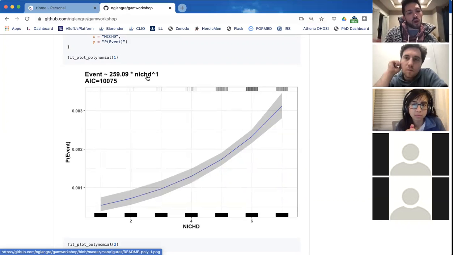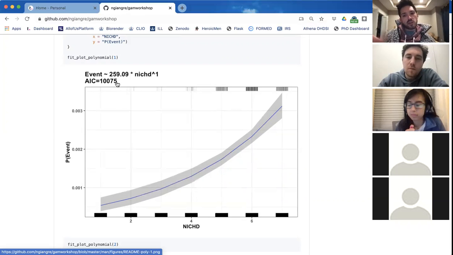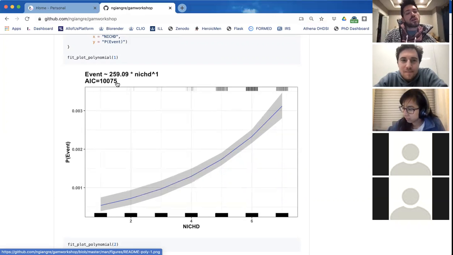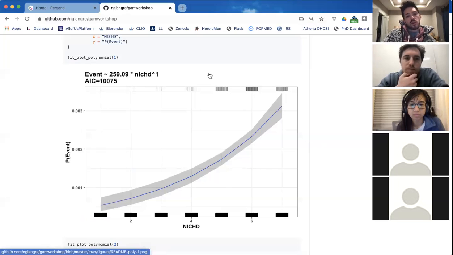And the degree is 1. The AIC here is 10,000. That doesn't make sense by itself, so don't pay attention to that. But the resulting probability of the event from this equation looks like a straight line, pretty much. There's some breaks, and then the equation makes some breaks here.